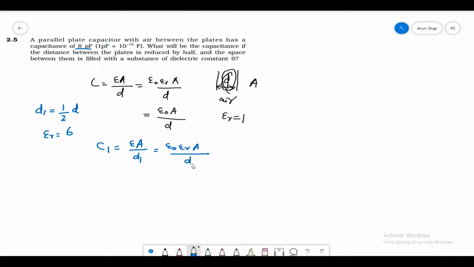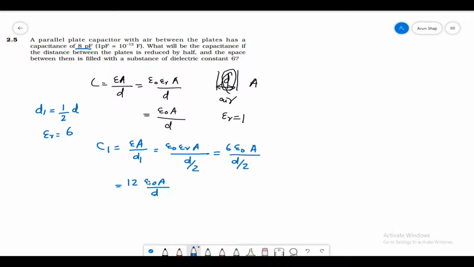That has changed to D by 2. So now what is the value of the dielectric constant? That is 6 epsilon naught A divided by D by 2, and this 2 goes to the numerator, so it becomes 12 into epsilon naught A divided by D.